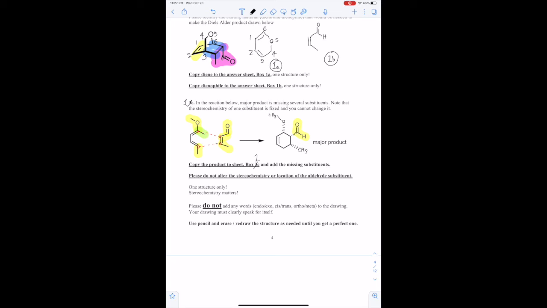And then we also have this one, CH3. And then there is also this, the green one, which isn't pointing in the same direction. So we want to depict that with a wedge, as in it's pointing towards us.